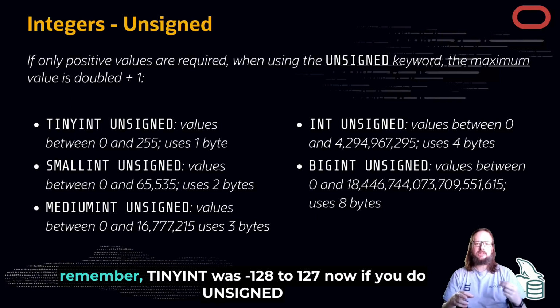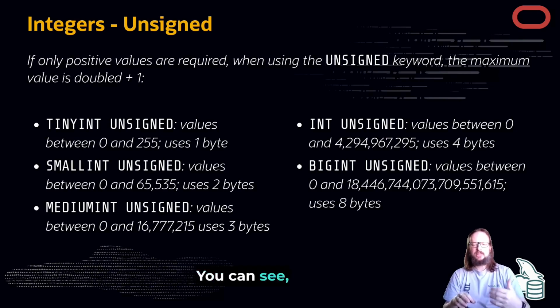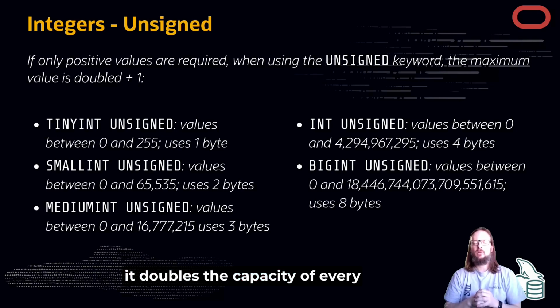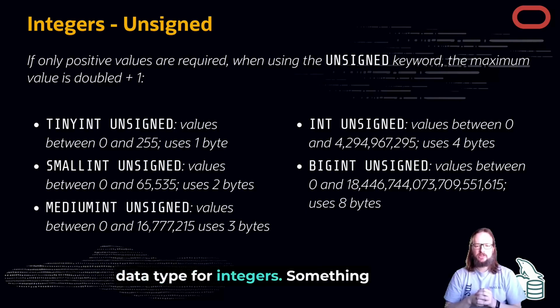If you remember, tinyint was minus 128 to 127. Now, if you do unsigned, this tinyint will become from 0 to 255.